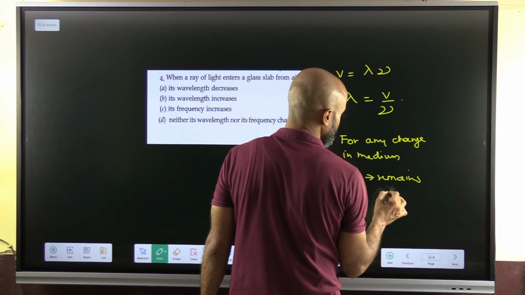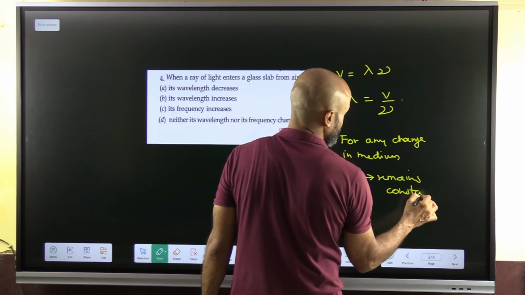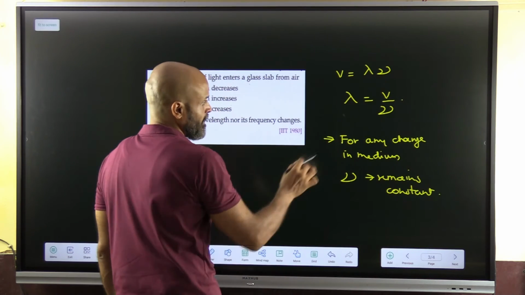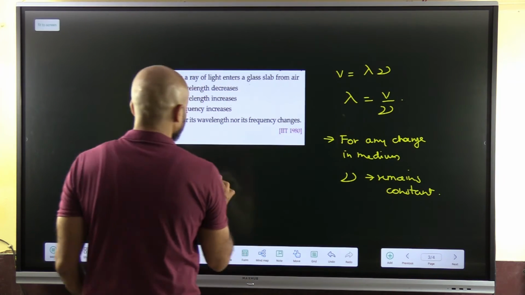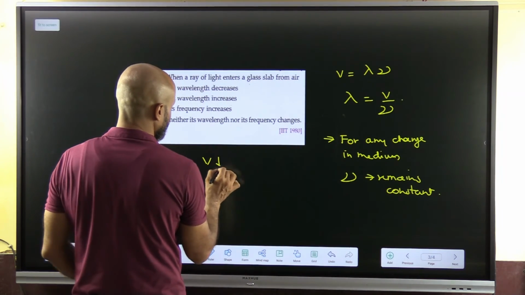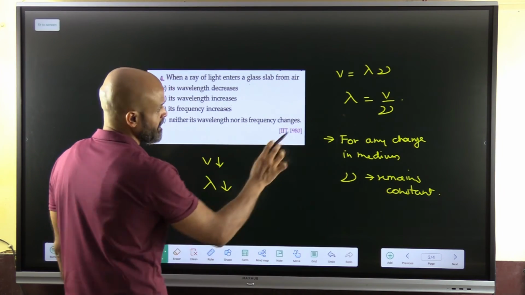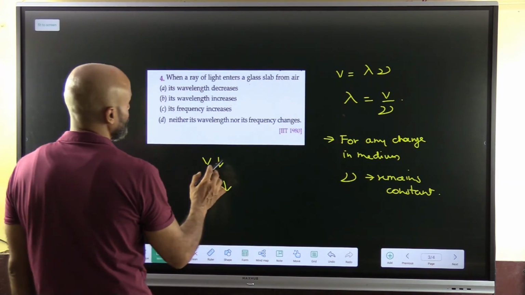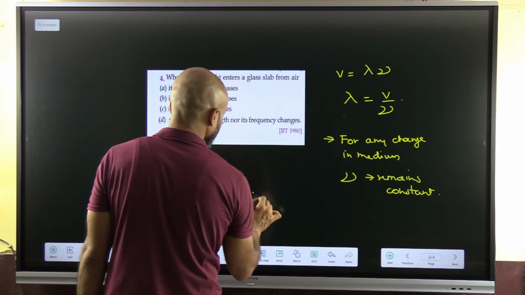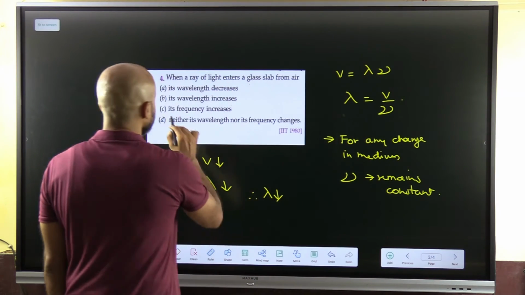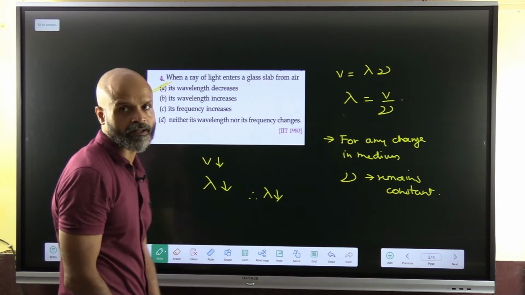Velocity, we know velocity decreases. So if velocity decreases, obviously lambda will also decrease. So wavelength will decrease. Therefore, its wavelength decreases. This will be the correct answer.